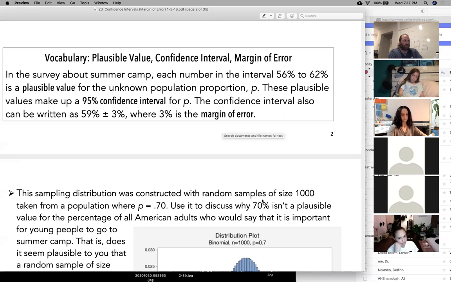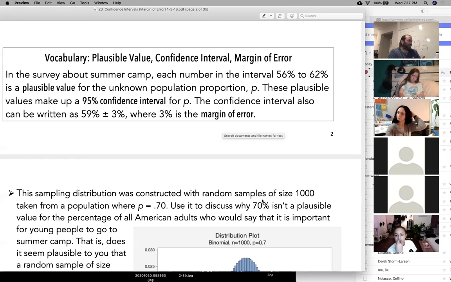So even though the number that we got is 59%, 59% is no more likely than any other number in that interval. And these plausible numbers make up a 95% confidence interval for P.